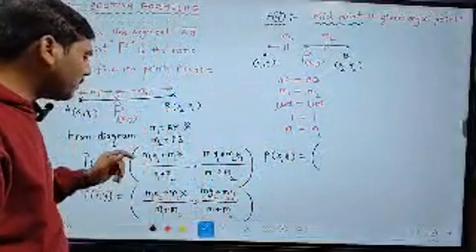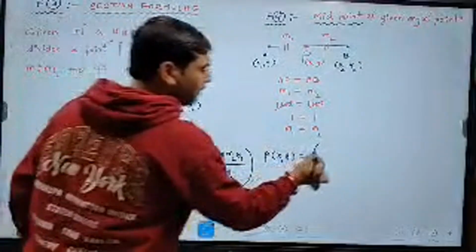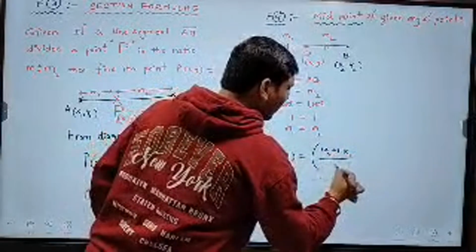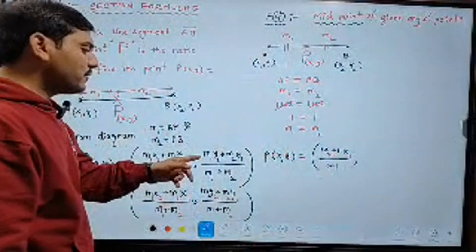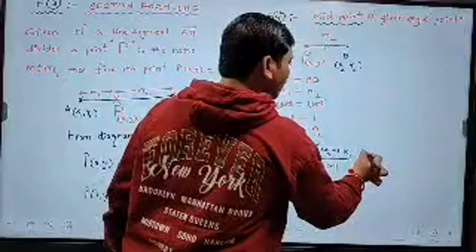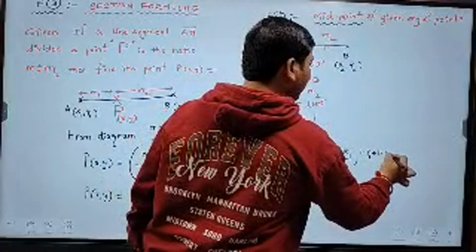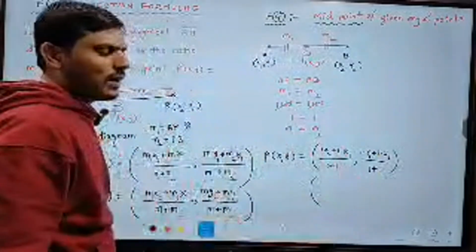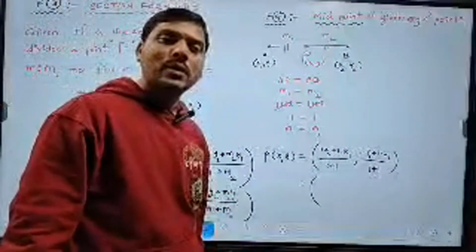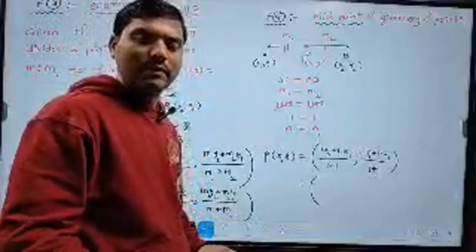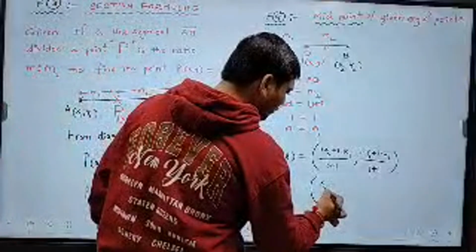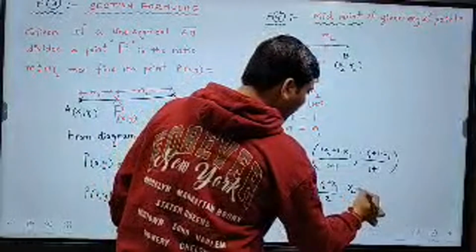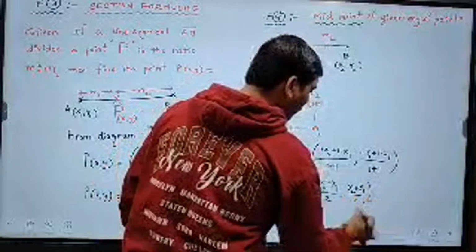Our formula becomes 1x2 plus 1x1, by 1 plus 1, comma, 1y2 plus 1y1 by 1 plus 1. Now one time x2, one time x1; one time y2, one time y1. So I replace this concept: x2 plus x1 by 1 plus 1, which is 2, y2 plus y1 by 1 plus 1, which is 2.